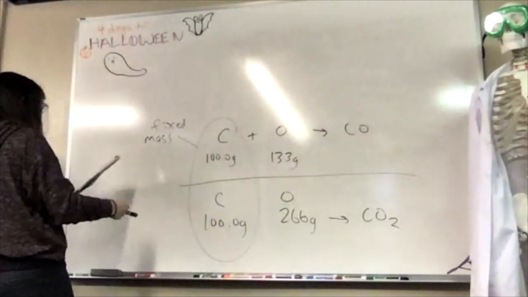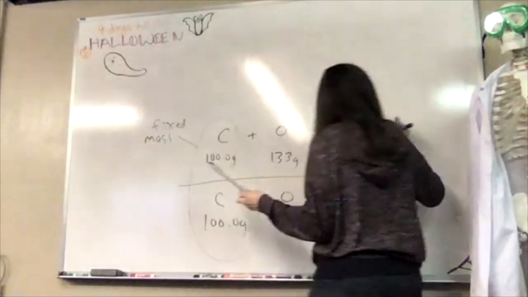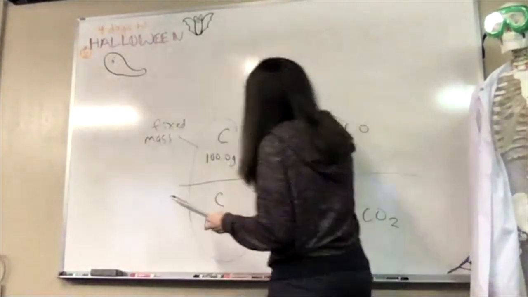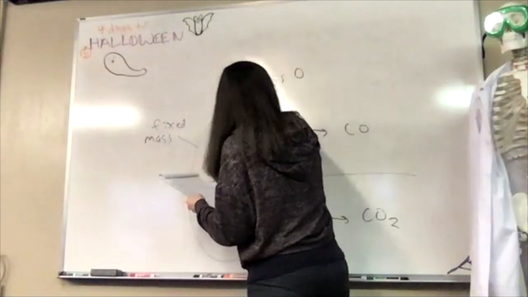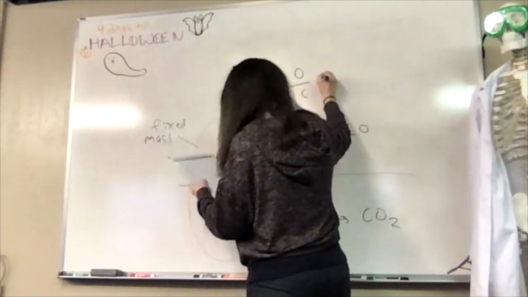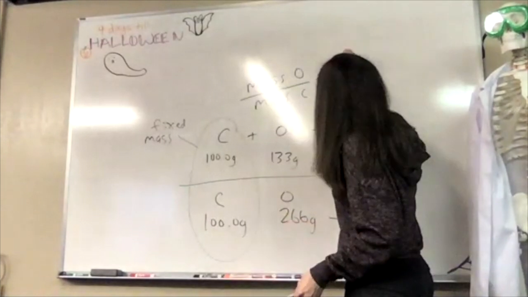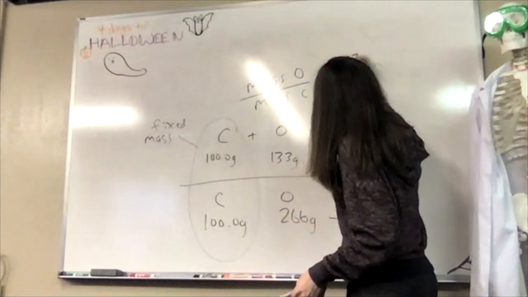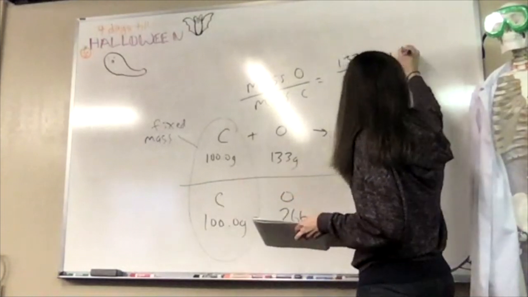And then what he did is he took a ratio of the two masses. For this reaction right here, he took the mass of oxygen divided by the mass of carbon. So 133 divided by 100. That equals 1.33.